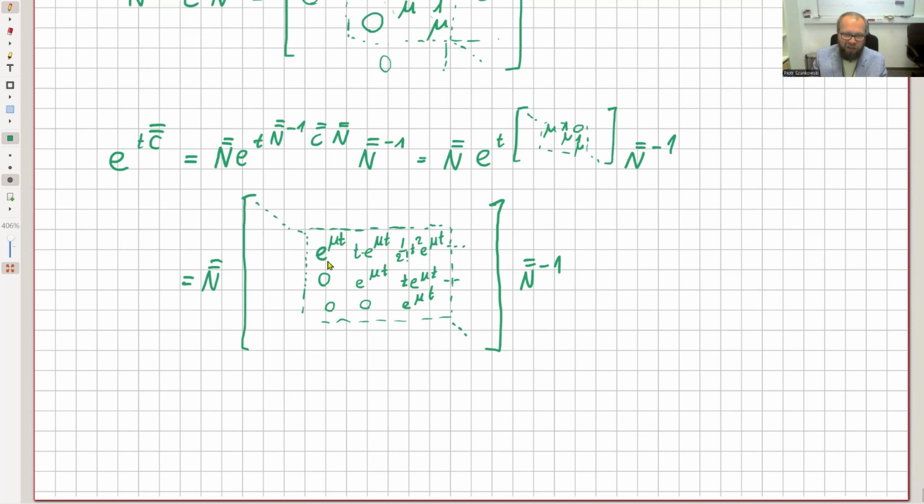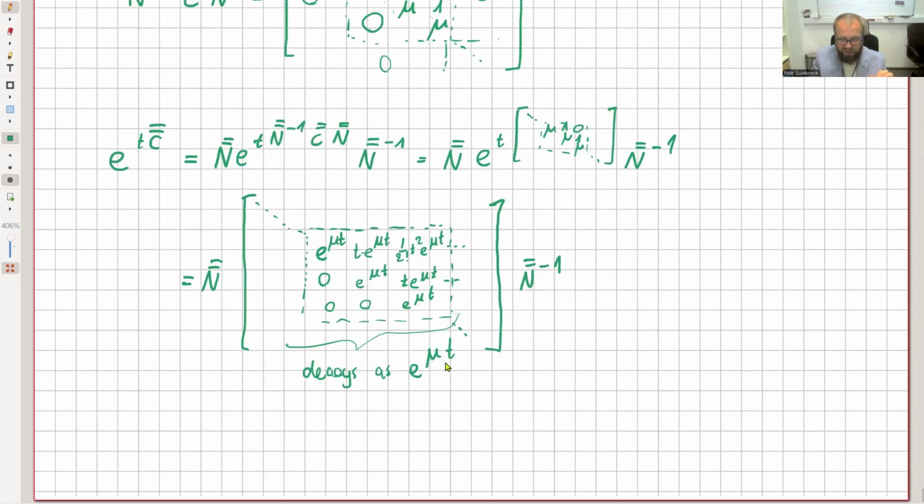So this whole Jordan block still decays as e^(μt). Well, if μ is negative, it decays. If it's not, then it blows up. But it's still e to the power μt, right? You have this attenuation factor here.